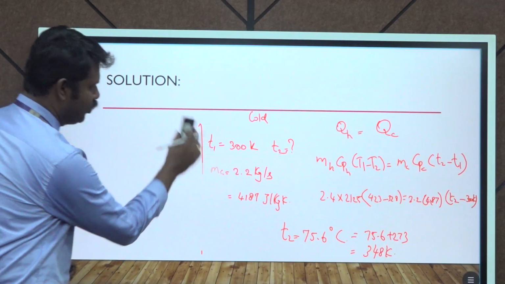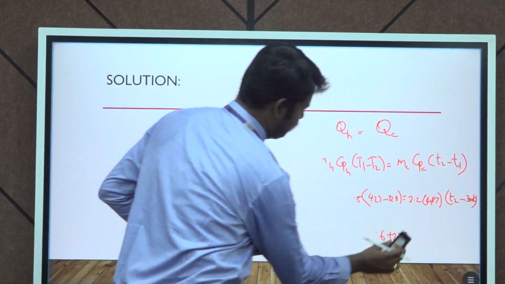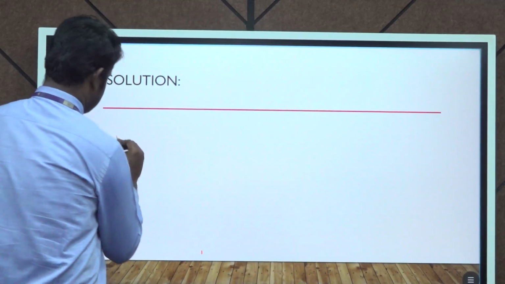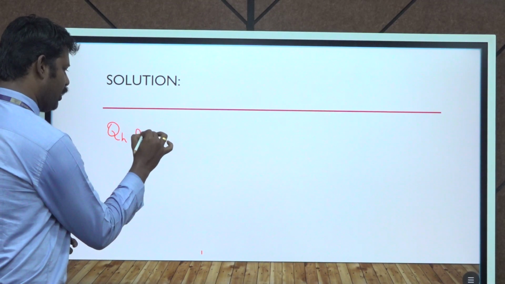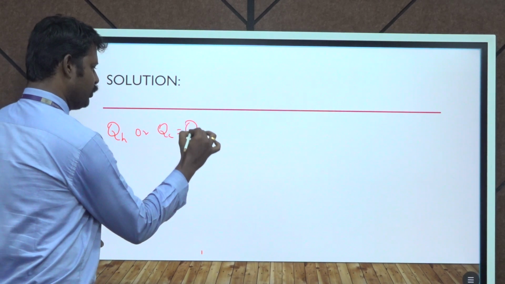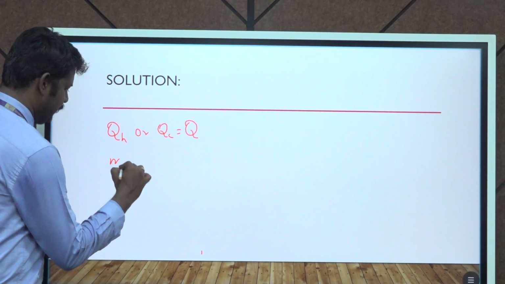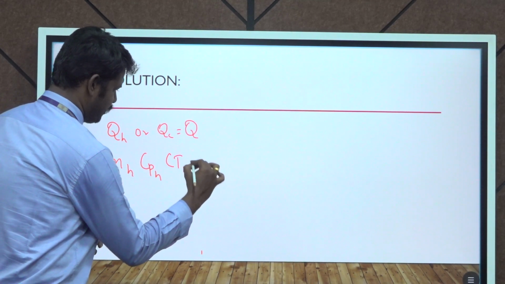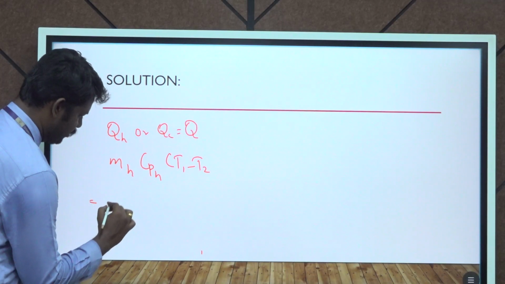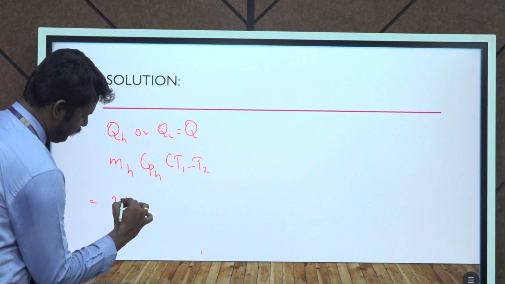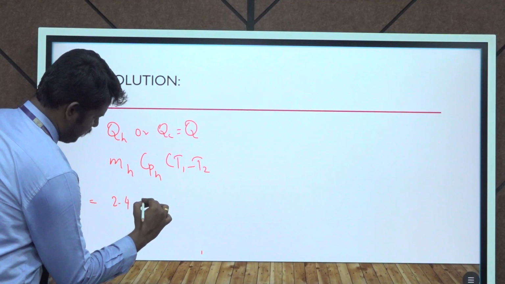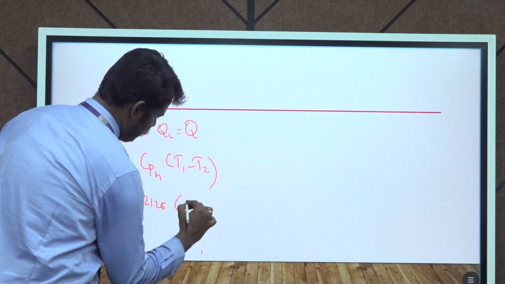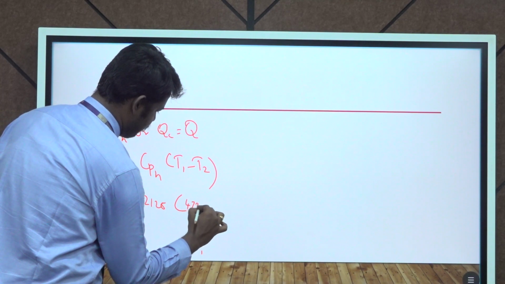Now let us go on for the Q value. Since T2 is known, let us find QH. QH or QC, both will be equal to the heat transfer rate. So, mH Cph (T1 minus T2) will be equal to 2.4 into 2125 into (473 minus 328).